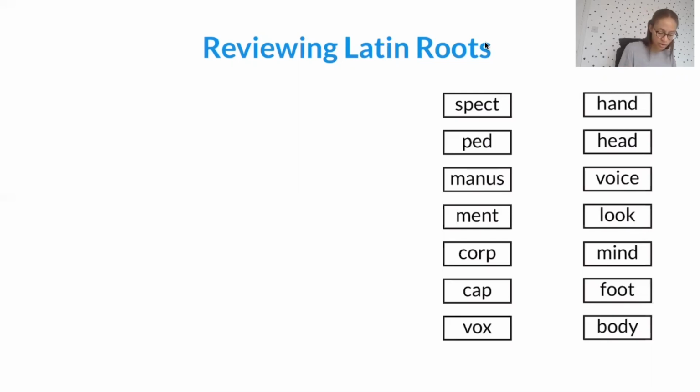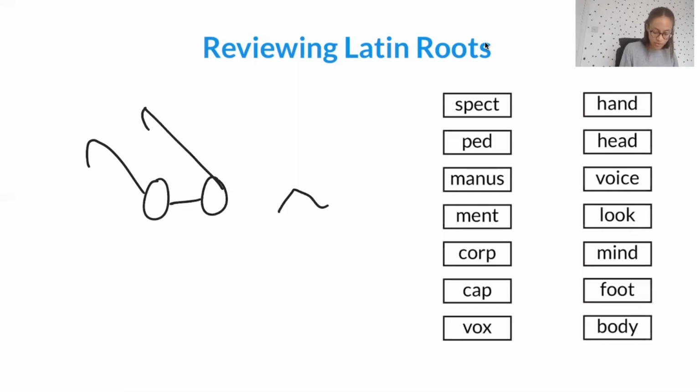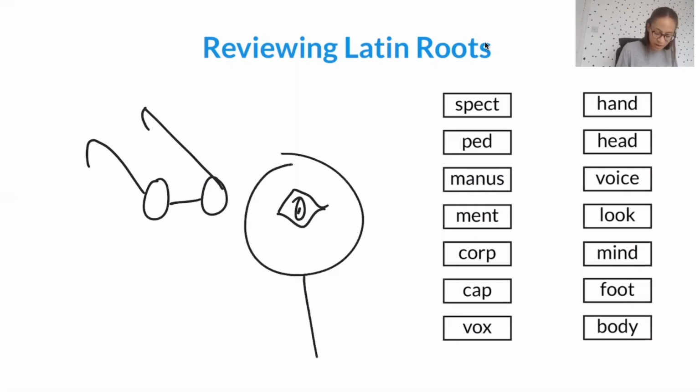So I would draw maybe spectacles, and how do I draw an inspector? Maybe if we draw an eye, doesn't look very much like an eye, looking through a magnifying glass, something like that.